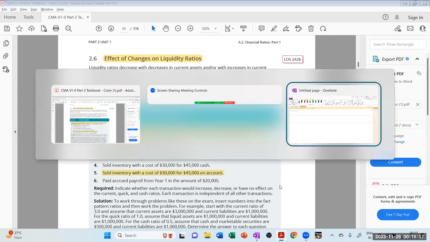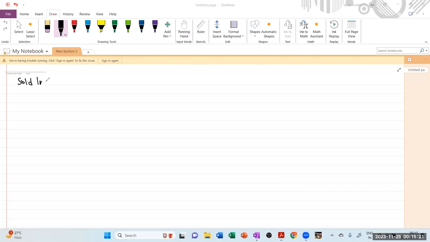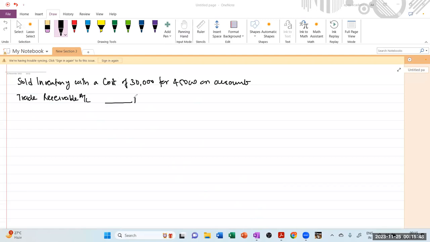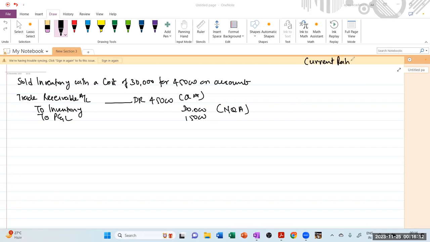Sold inventory with a cost of 30 for 45 on account. Debit what comes in? Credit what goes out? Non-quick asset, quick asset. Current ratio.